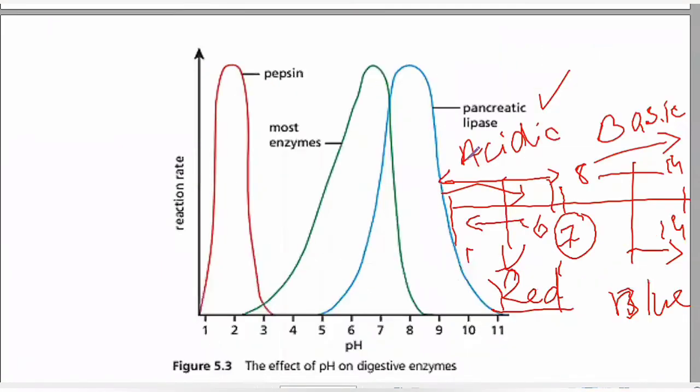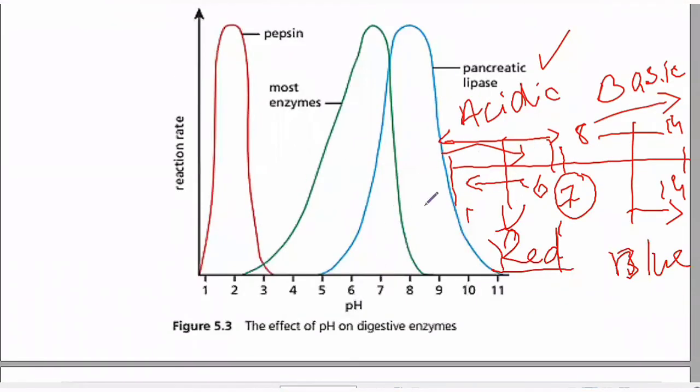Okay, I think you have understood about pH too. It is similar to temperature. Here you can see how we are going to find out the pH of the enzyme. Always remember that you will see a bell-shaped curve for temperature and a bell-shaped curve for enzymes. Here you can see this central line.